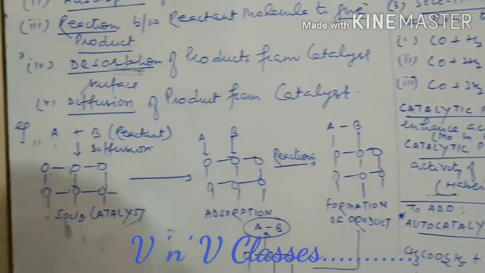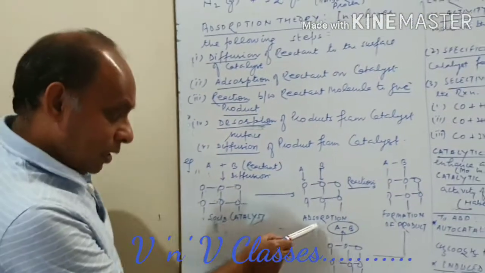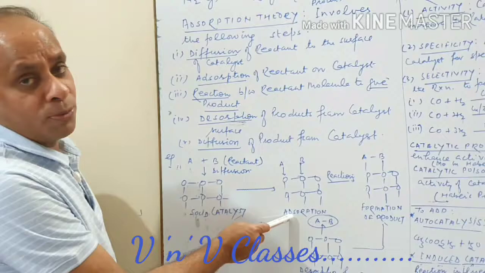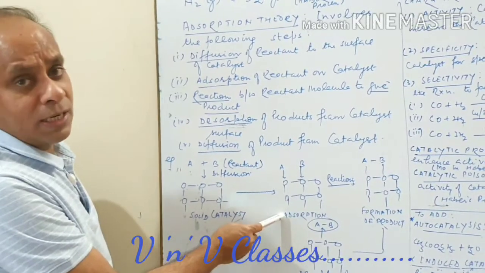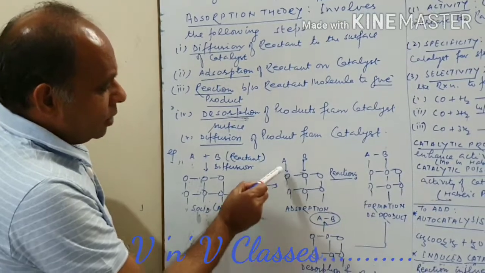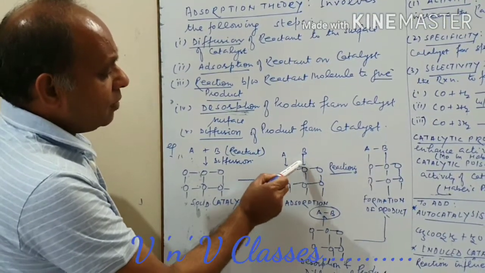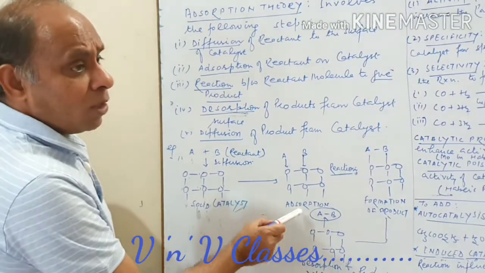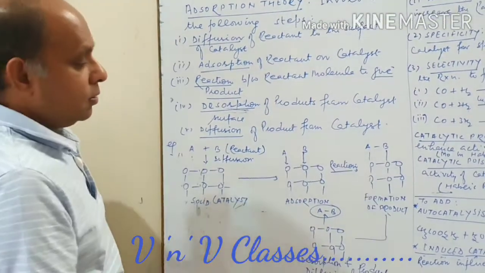I want to tell you one thing: it is adsorption, but here it involves chemical adsorption. It is not physical adsorption. It means between reactant and solid, there is formation of chemical bonds. So make sure it is an example of chemical adsorption.